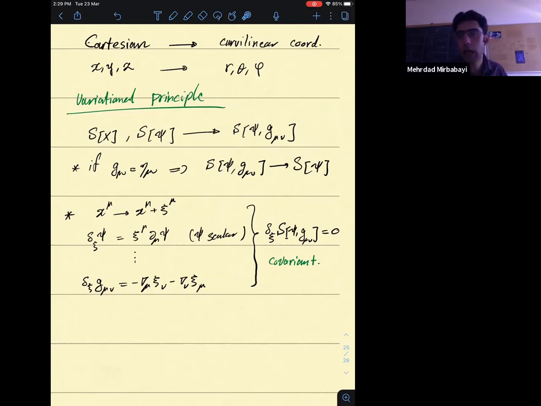Of course, we didn't have to do it. We could just work with the preferred coordinates, and if we needed the equations in the new coordinates, we could just do the transformation at the level of coordinates, in Newtonian physics or in special relativity.